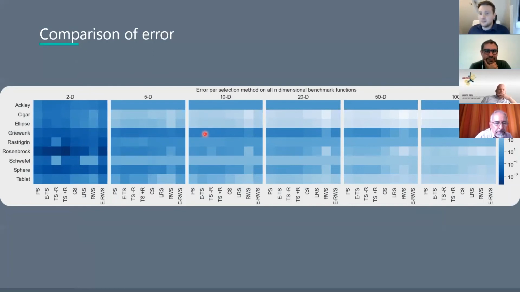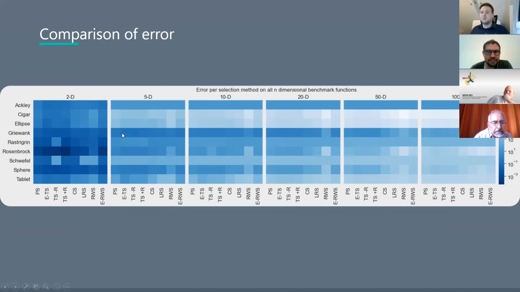So the elitist tournament selection is just slightly better, maybe by chance, maybe by exploiting a bit more because it always includes the best individual from the previous population. There's just an edge over the other tournament selection methods, but as you can see here, really slim.